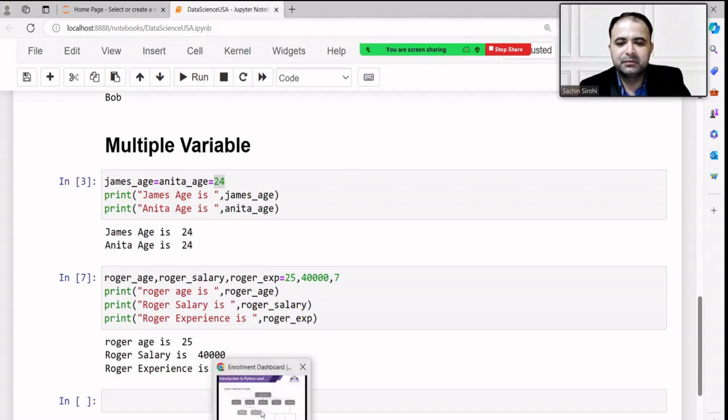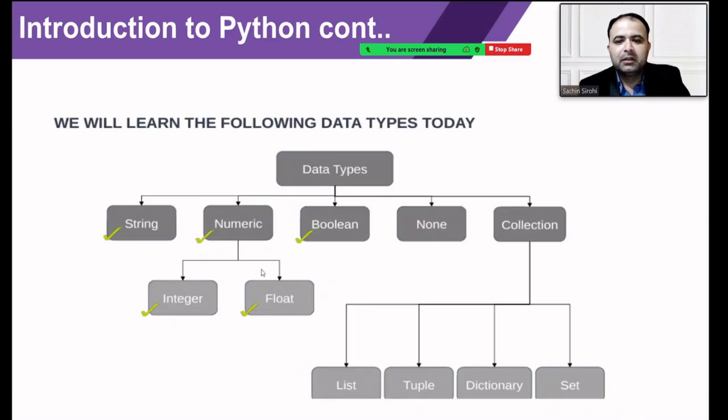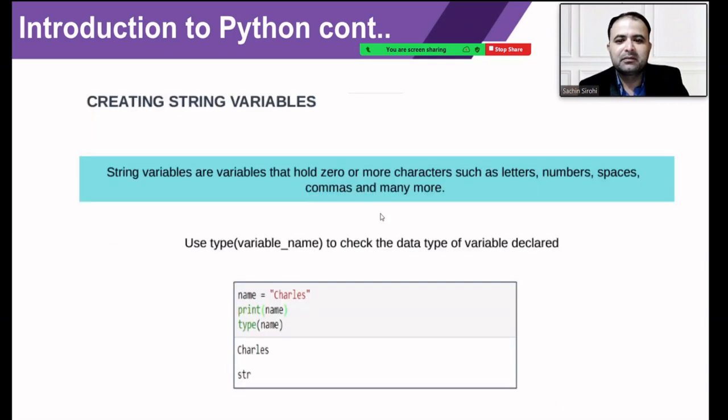Now, these small things we have discussed: string, numeric, boolean, integer, and float. Now it is time to discuss some advanced things. Creating a string variable we know very well, but I just want to recall it.